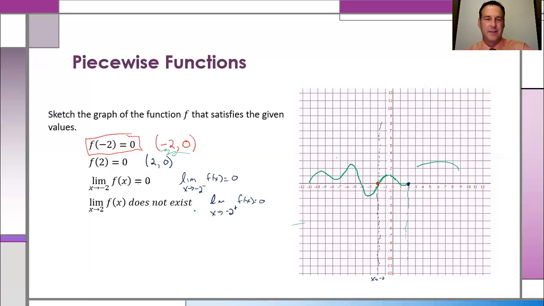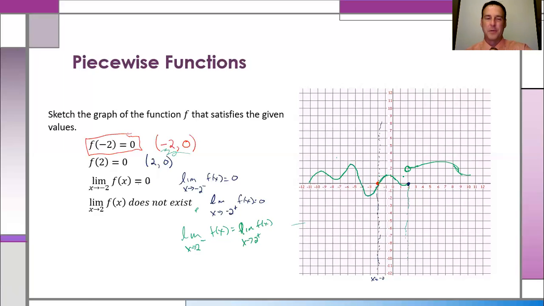If it doesn't exist, the limit as x approaches 2 from the left side of f of x cannot equal the limit as x approaches 2 from the right side. So that means it can be anywhere but 2. So I'm just going to go over here and put an open circle there, so it's a function, and we are officially done.